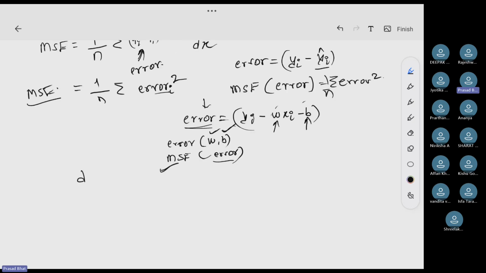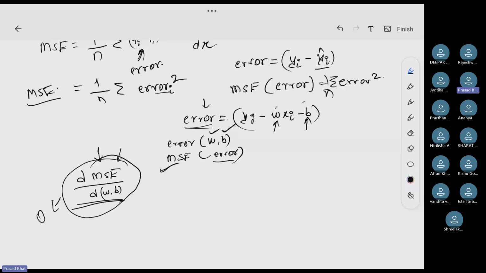So d MSE by d w comma b. This is what we want, right? How a change in w and b is affecting my MSE? This is what gives me the required output. What is it? We need to bring MSE down to zero. Sorry, we need to bring this entire term to zero.